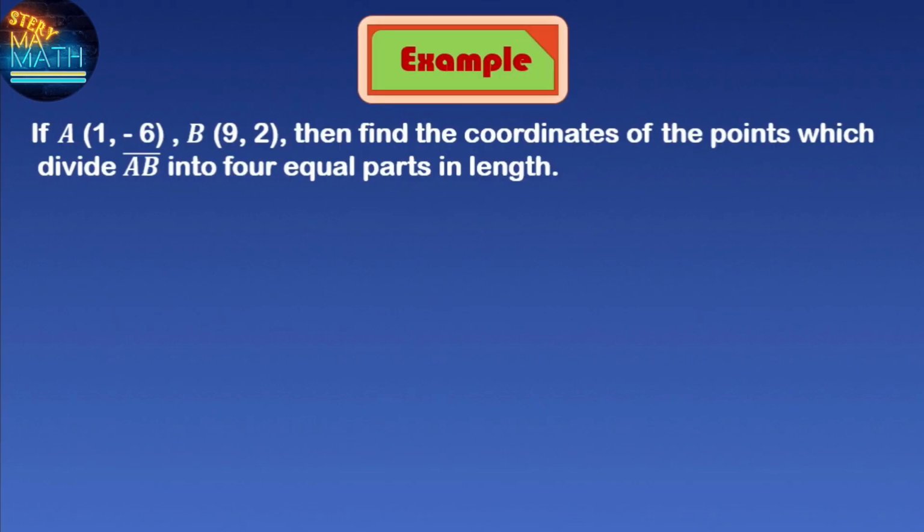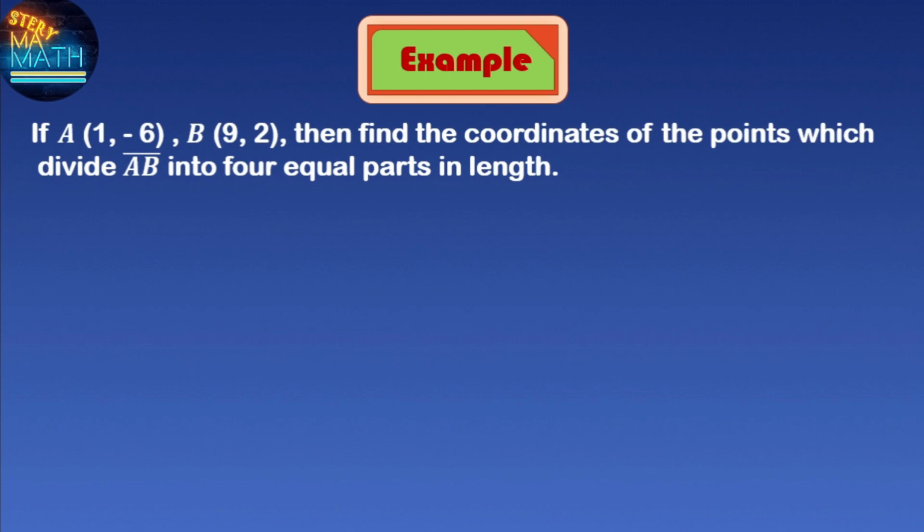Let's take another example. If A is 1, negative 6, and B is 9, 2, then find the coordinates of the points which divide the line segment AB into 4 equal parts in length. What a question.